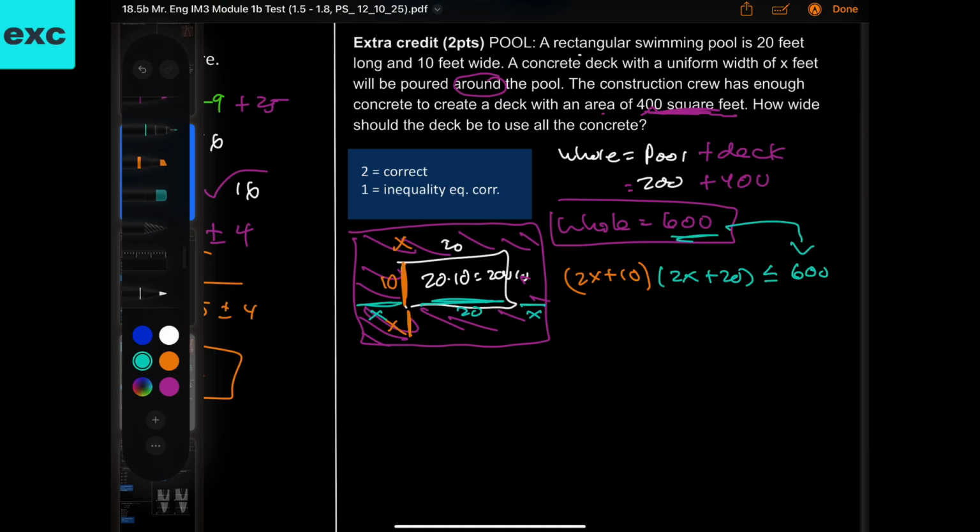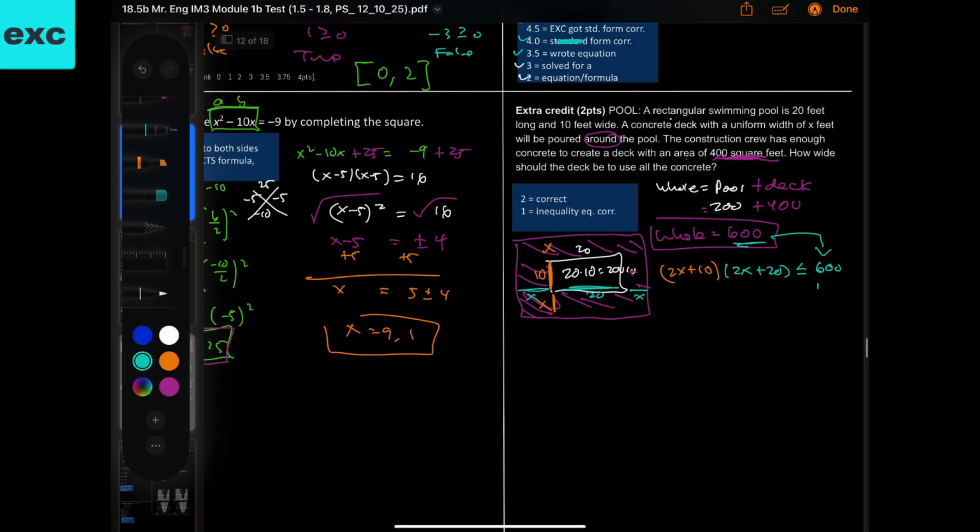So if you got here, I gave you 1 point. If you multiply that out using the box, 4x squared plus 40x plus 20x, I'm just going pretty fast. And then if you put those together, you get 60x. And then subtract 600 from both sides, you get minus 400.